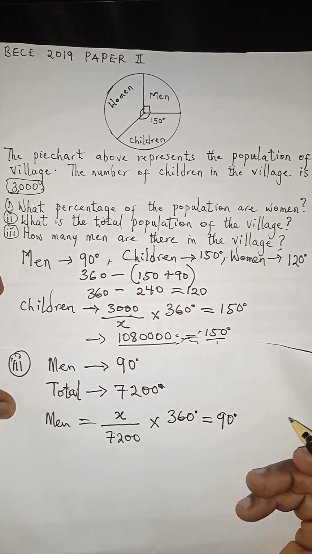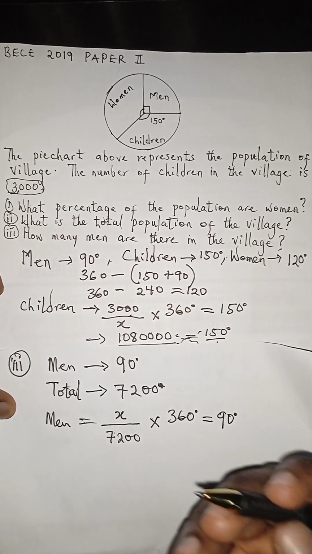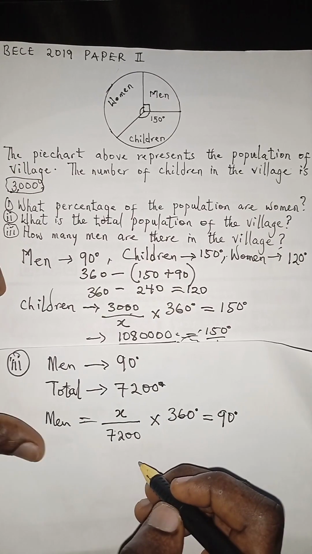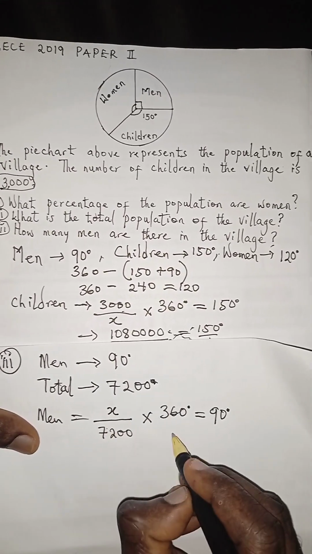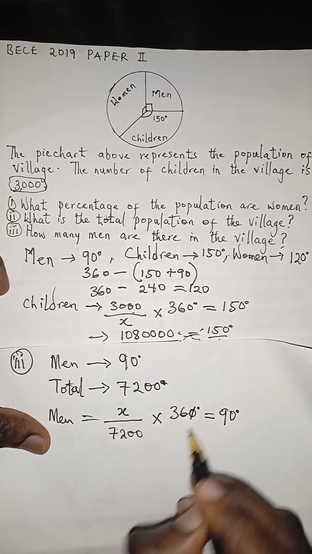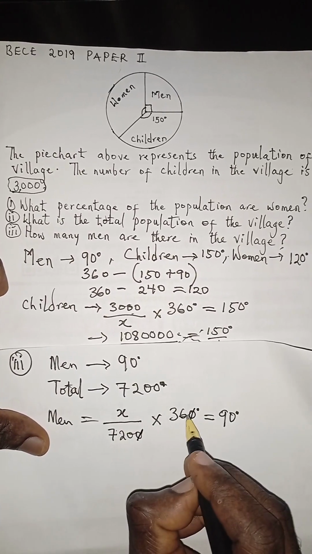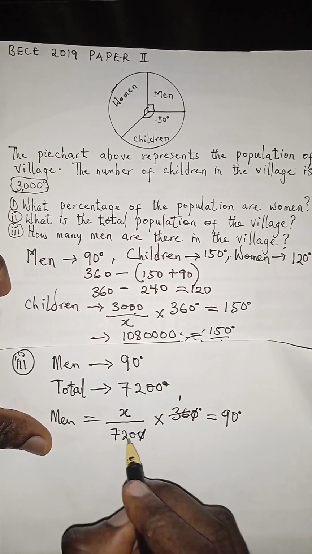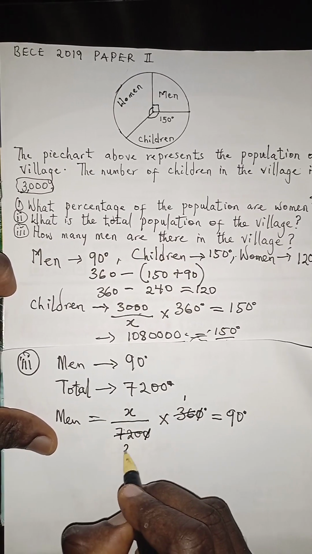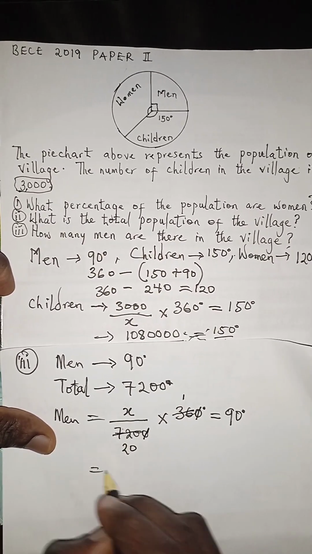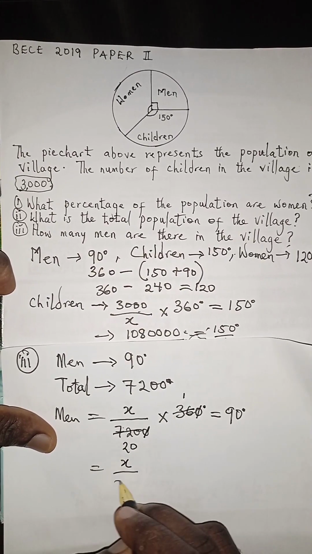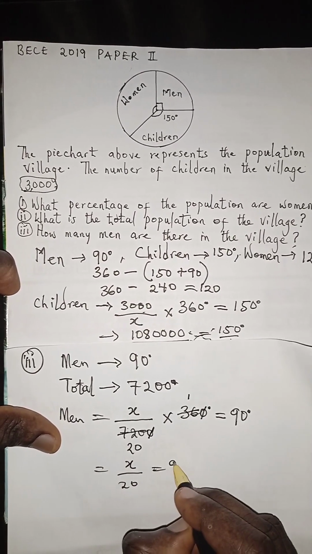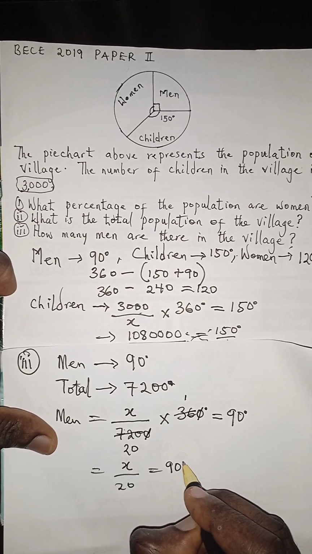So you see, all we're trying to do is to use what we have to get what we want. Now 36 can go into 720 20 times. So we are left with x over 20 equals 90 degrees.